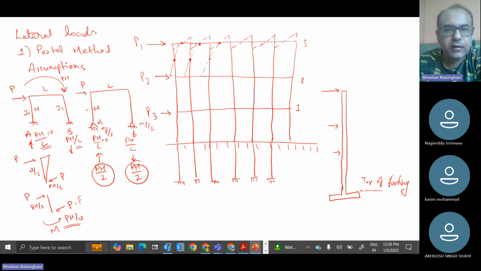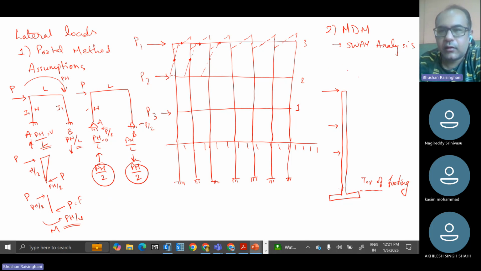I'm just trying to explain to you the modality in which we are going to conduct the course. Okay. So the same portal method we will apply to a three-story building. We will solve it with the given assumptions. Second, you have the moment distribution method, in which you can solve for the sway analysis.